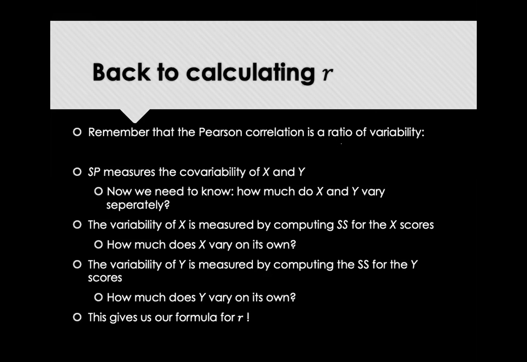And that will tell us how much X varies on its own. The variability of Y, similarly, is measured by computing the sum of squares for the Y scores. And these figures all together, the sum of products, which measures covariability of X and Y, and then sum of squares for X and sum of squares for Y, give us our formula for r.